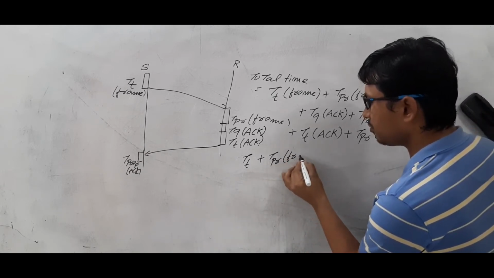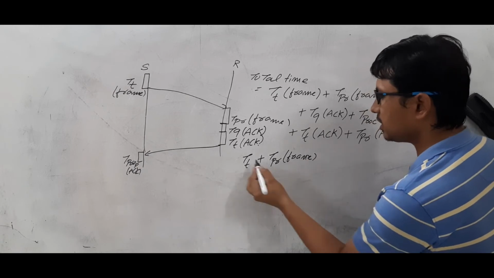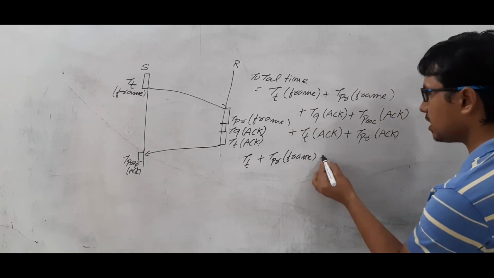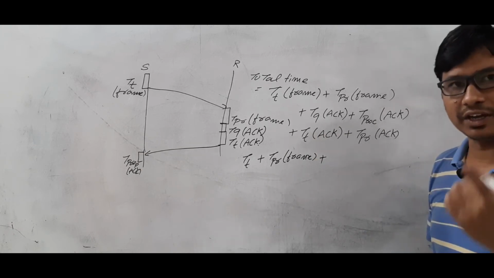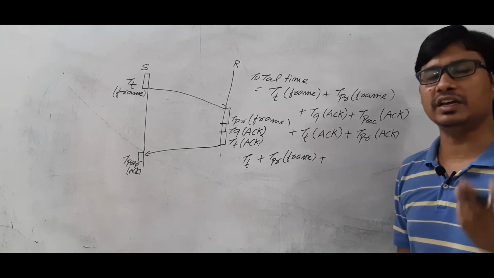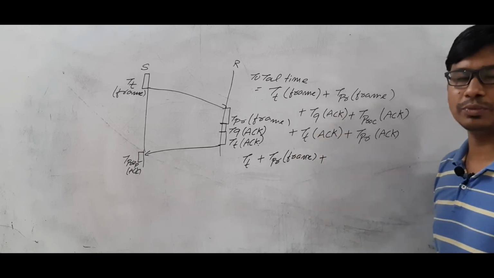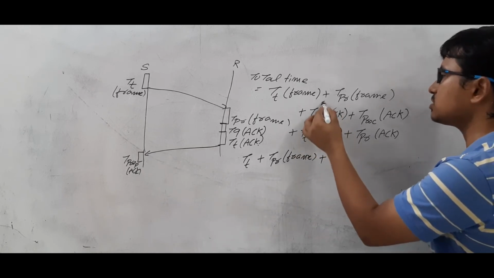We know the formulas also. And then the queuing delay, if they give it, you should consider it. If they do not give it, we will consider it as 0. So for the efficiency, to make it simple, I am considering it as 0.